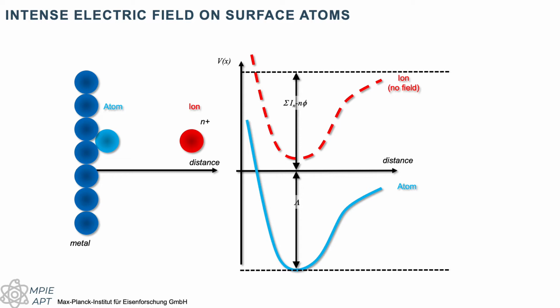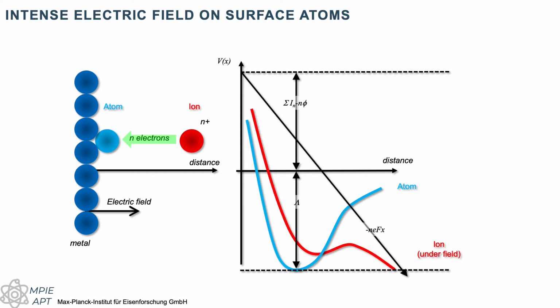The difference in energy is the sublimation energy, and then the sum of the ionization energies to remove the electrons from this atom. And the system would gain the work function, which is the energy that you need to provide to the surface to extract electrons. Here it's gaining electrons. So under no electric field you have these two separate curves.